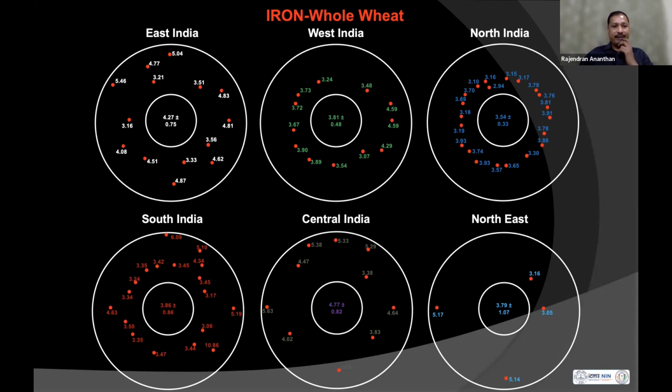If you look here, this is the wheat for iron content, the whole wheat data. When we analyze the East India samples individually, you get 4.27 with 0.75 standard deviation. But if you look at the range, it starts from 3 to more than 5, sometimes 5.46 also.